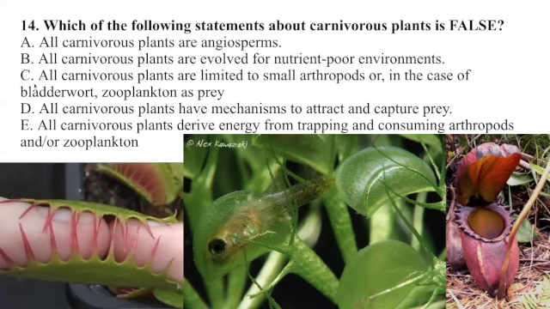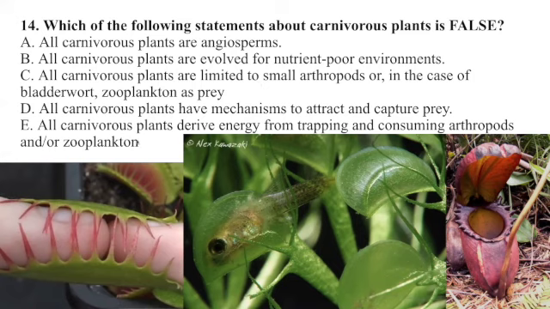C, all carnivorous plants are limited to small arthropods, or in the case of bladderwort, zooplankton as prey.